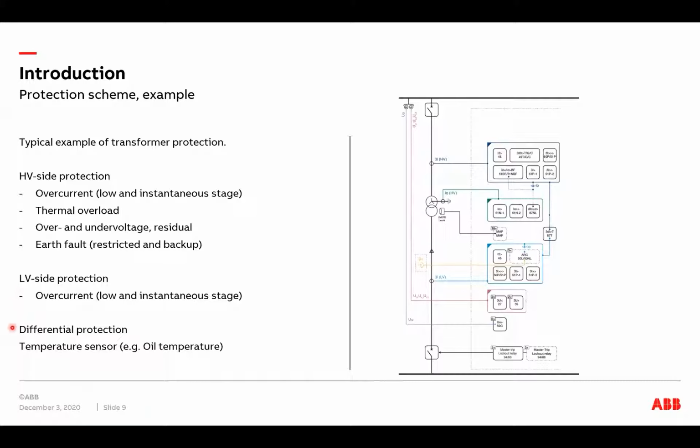Now, since we are measuring the current from both sides of the power transformer, we can also apply differential protection. And if we have some temperature sensors available, we can connect these to our protection relay to measure oil temperature. Now the oil temperature can then be used for alarm purposes, or it can also be used for protection purposes.